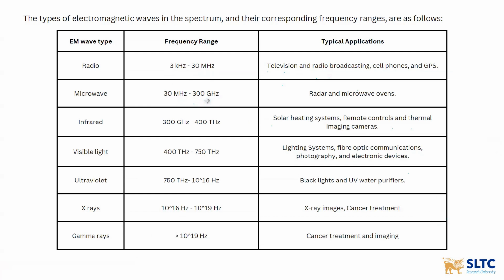However, in the engineering disciplines, we will be talking about ranges going from 1 gigahertz up to 300 gigahertz for microwave engineering. And then we'll be talking about radar, microwave ovens.